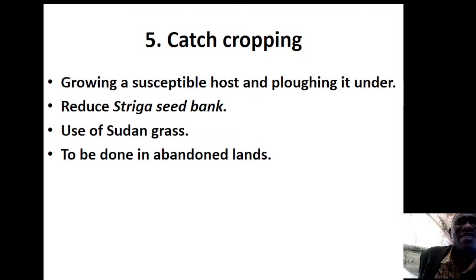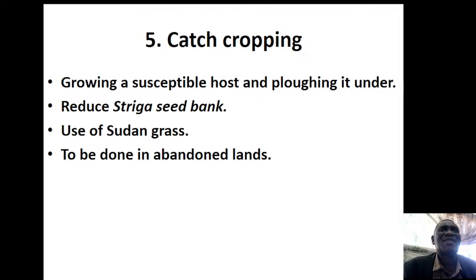This can be easily said, but doing it is another issue. Imagine, like now people are preparing for the cropping season. You come in with advice saying that some of the fields grow a crop which you are going to destroy.